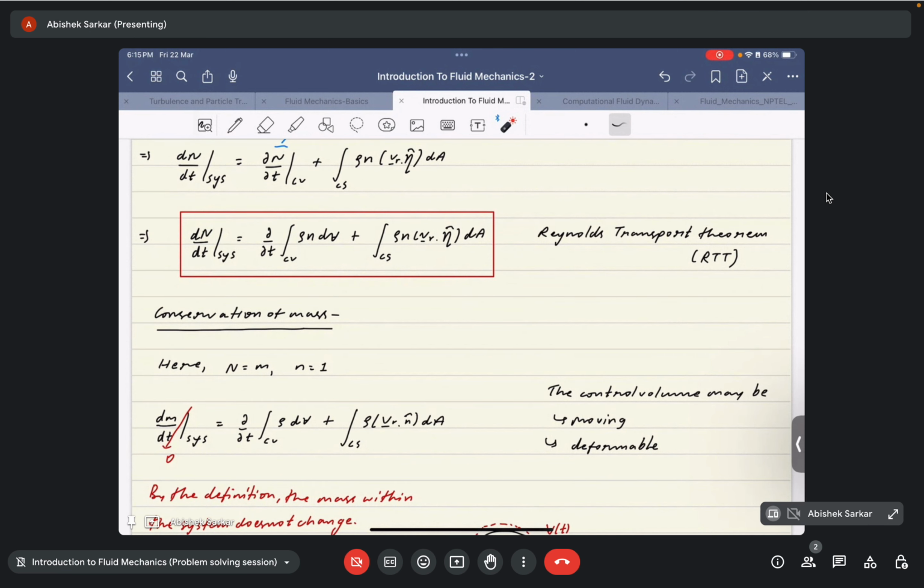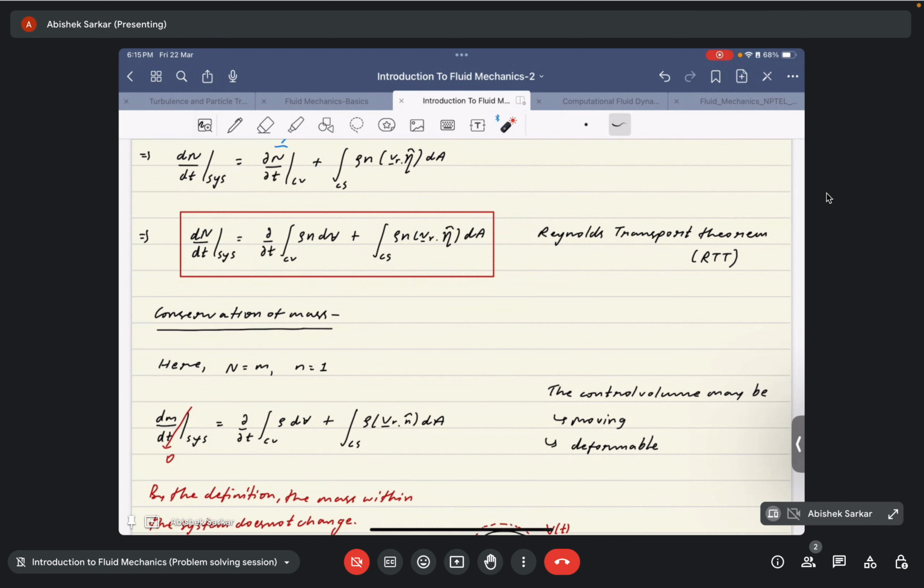And if the control volume is moving in the direction of the efflux of the fluid, then we need to consider the relative velocity of the fluid with respect to the control volume. And n cap denotes the normal vector with respect to the area through which the fluid flows out, or flows in.